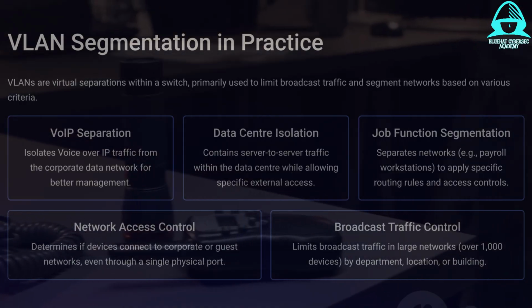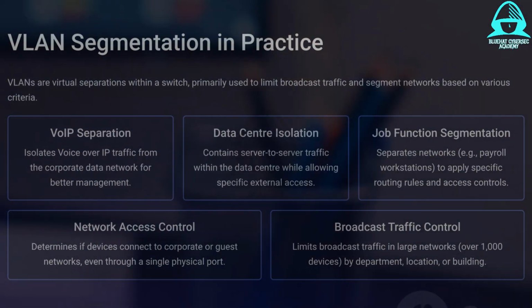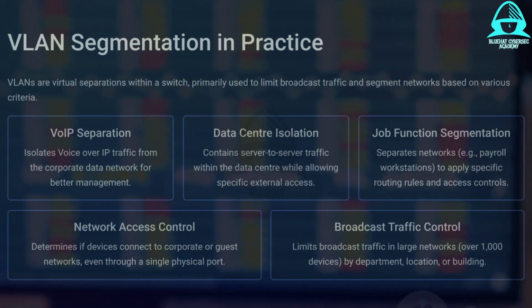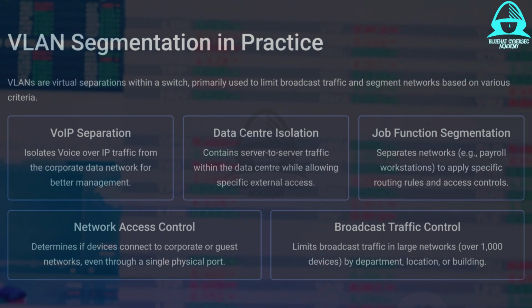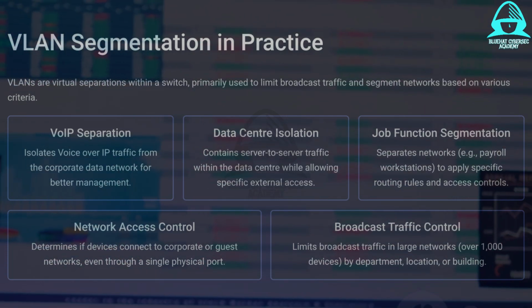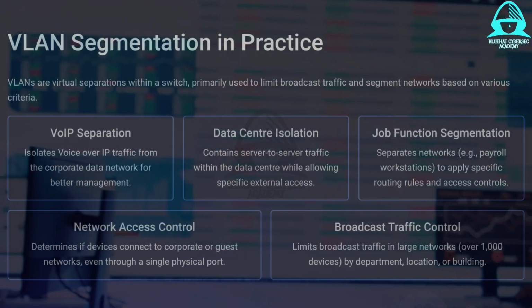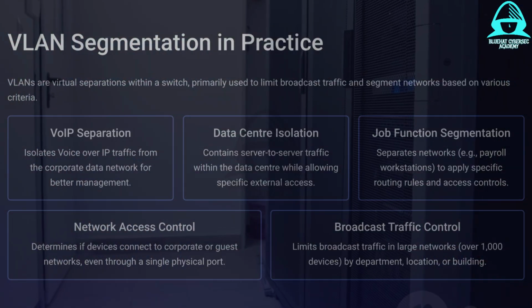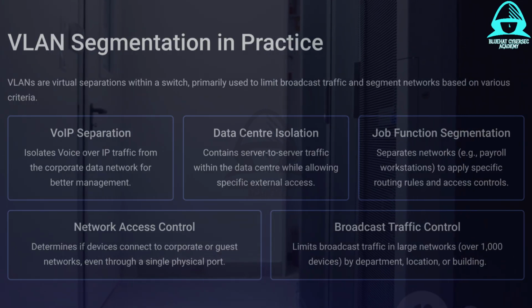One common use is separating voice over IP, or VoIP, telephones from the corporate data network. This separation allows organizations to more effectively manage the network traffic generated by voice communications by isolating it from other types of traffic.